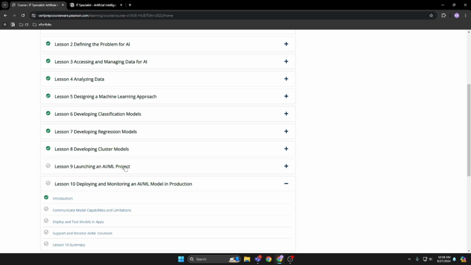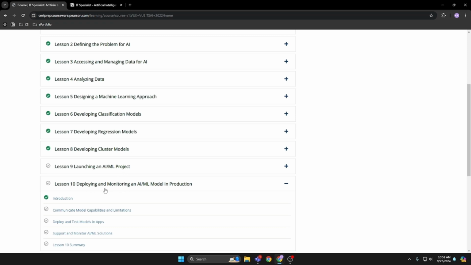It went over how you would do that from a business perspective, like how you would get permission, how you would get data, the process of going through that, what it would look like, and presenting your results to people.